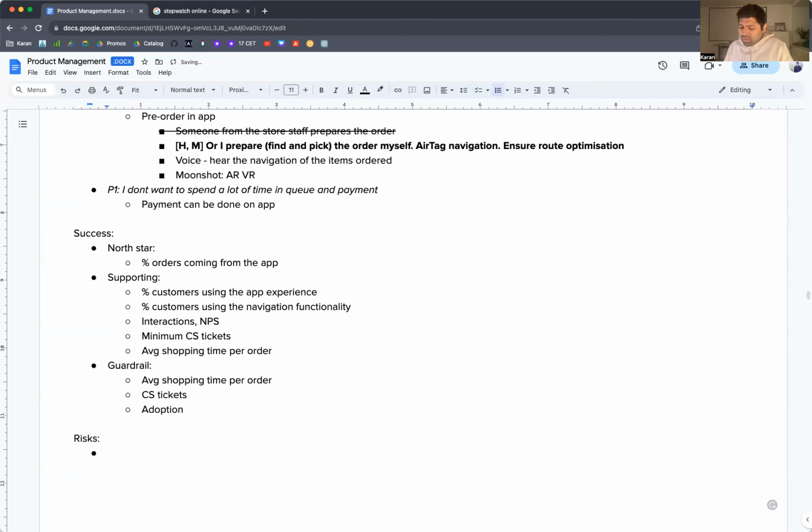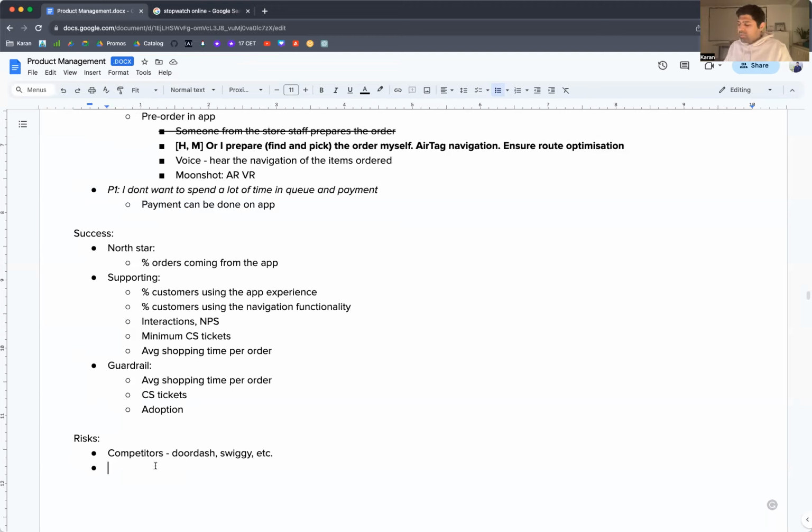Risks, I think competitors is definitely a risk, where we have DoorDash, Swiggy, etc. that are providing an at home shopping experience via the app. But it depends on our customers. If the customers prefer coming to the store, prefer the overall experience, I think it can create a very good market differentiation here.